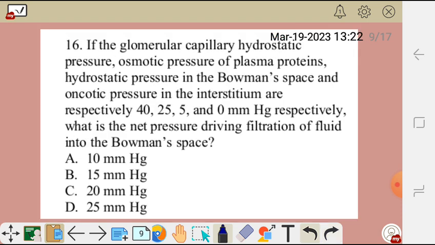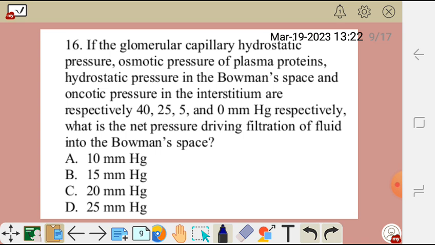Question 16. If the glomerular capillary hydrostatic pressure, osmotic pressure of plasma proteins, hydrostatic pressure in the Bowman's space, and oncotic pressure in the interstitium are respectively 40, 25, 5, and 0 millimeter mercury, what is the net pressure driving filtration of fluid into the Bowman's space?